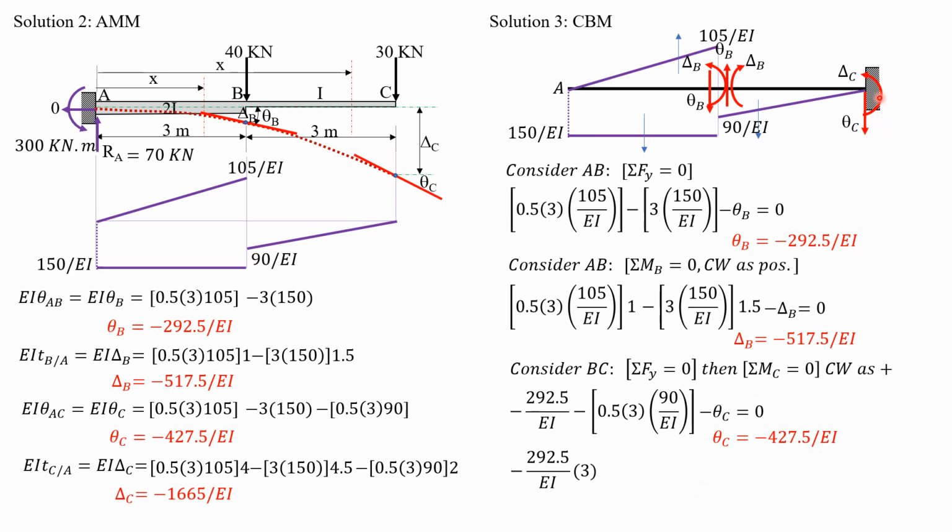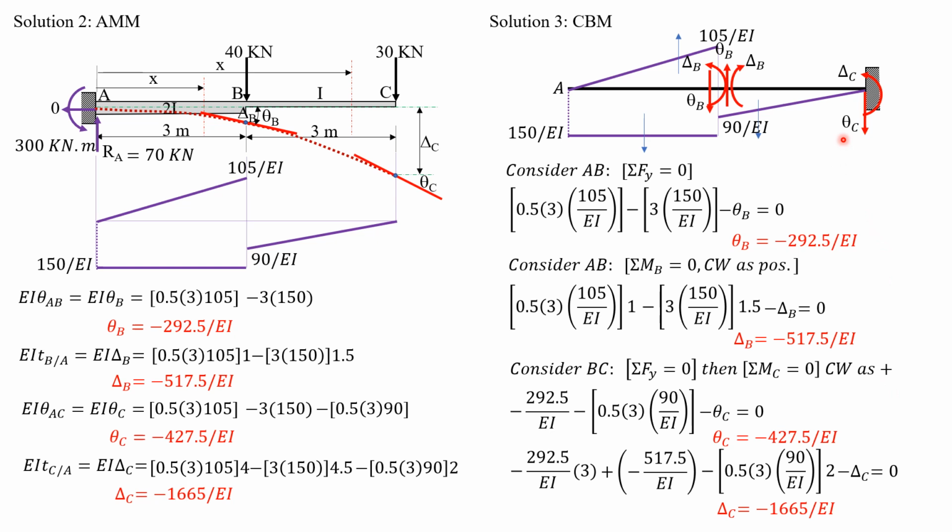And finally, summation of moment about C equals 0, considering clockwise as positive, then we have theta B, which is negative 292.5 over EI times 3 minus quantity 0.5 times 3 times 90, then the moment arm is 2, then plus delta B, but delta B is negative 517.5.